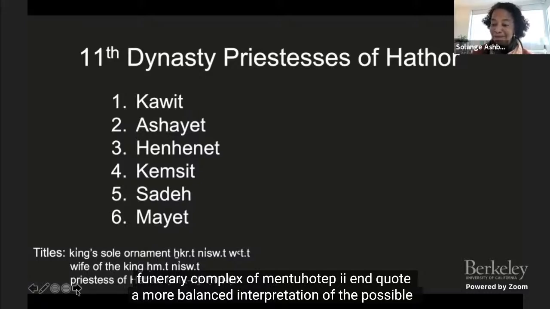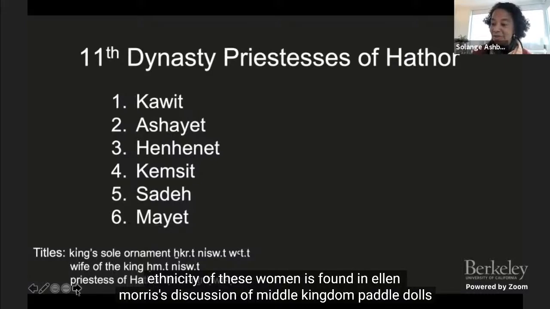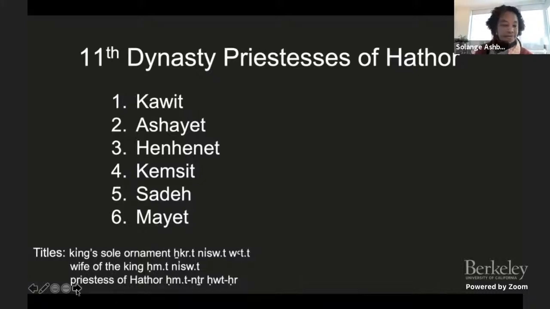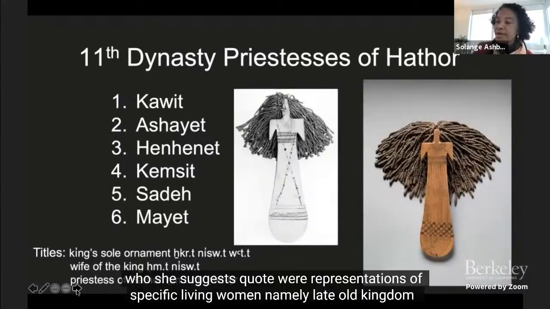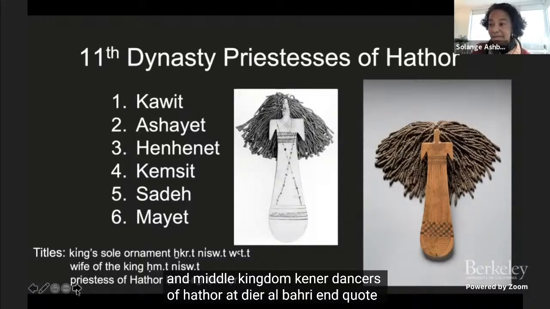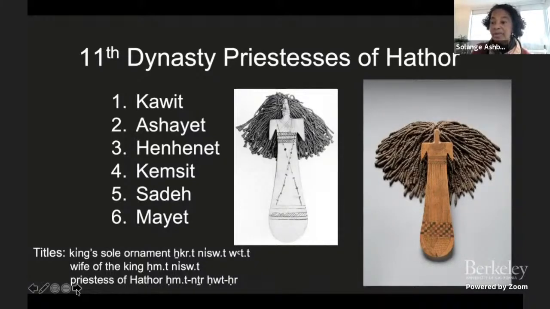A more balanced interpretation of the possible ethnicity of these women is found in Ellen Morris's discussion of Middle Kingdom paddle dolls, who she suggests, quote, were representations of specific living women, namely late Old Kingdom and Middle Kingdom Kenner dancers of Hathor at Deir el-Bakri, end quote.